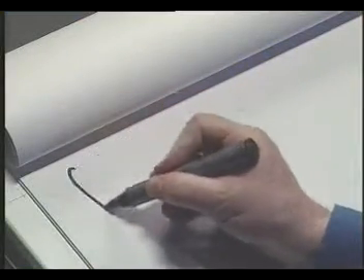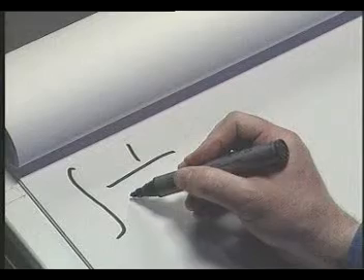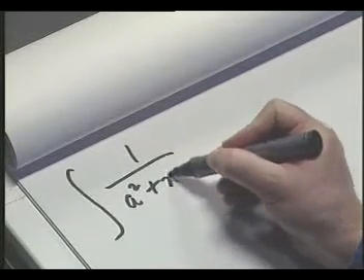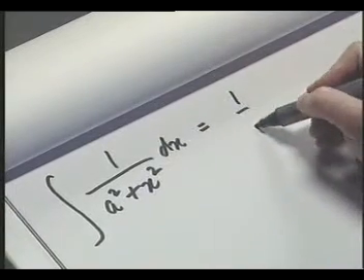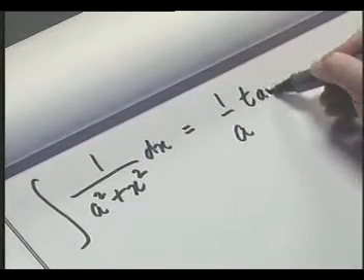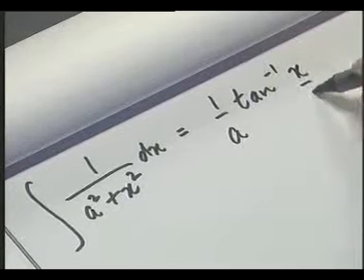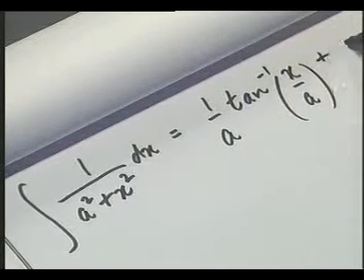Okay, so now we've got the standard result that the integral of 1 over a squared plus x squared dx is equal to 1 over a tan to the minus 1 of x over a plus a constant of integration.